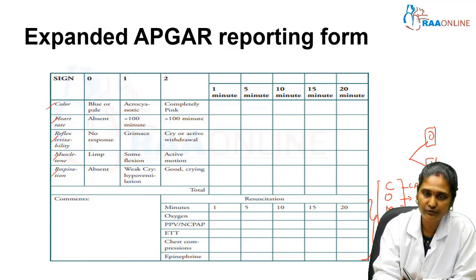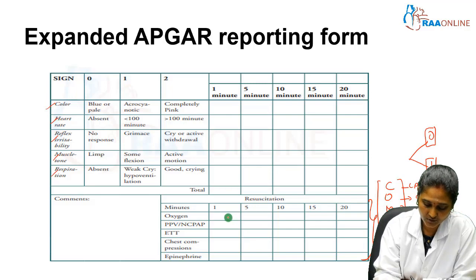For example, at the 5th minute the child is not crying and the respirations are weak, but the heart rate is between 60 to 100, so you will be giving positive pressure ventilation, providing oxygen through bag and mask. At that time you score 0 in that category.